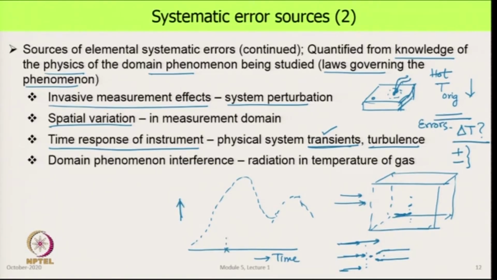So, at this time our sensor should have been reading this value, but the value itself was changing like this, and the sensor was not able to keep track of that. So, as the value went there, it changed the signal from say here to there, but only to some extent. When the signal went there, it got only up to there. When the signal went there, the parameter went there, our instrument showed this.